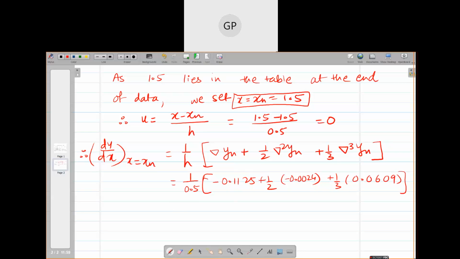Please do this calculation quickly and tell me the answer. Minus 0.1868. Correct. Please note it.